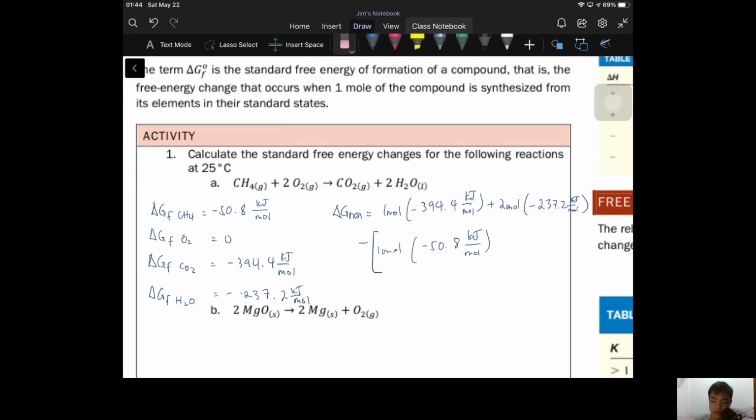And for oxygen gas, wala na tayong gagawin kasi 0 yan. So, di ko na siya isusulat. So, with that, solve natin yung delta G reaction. Solving for delta G reaction will give us, let me calculate it.